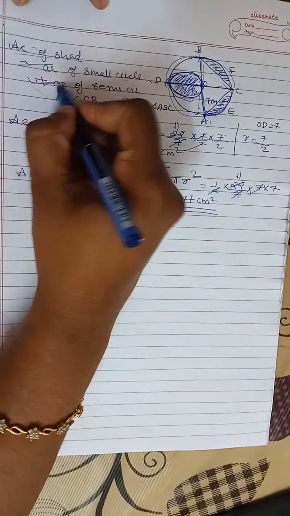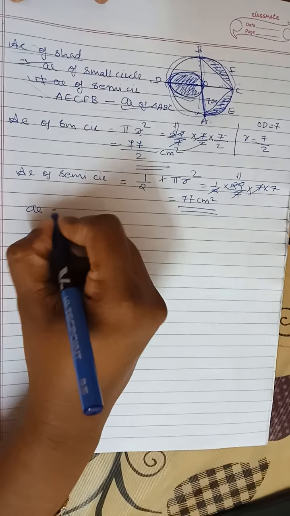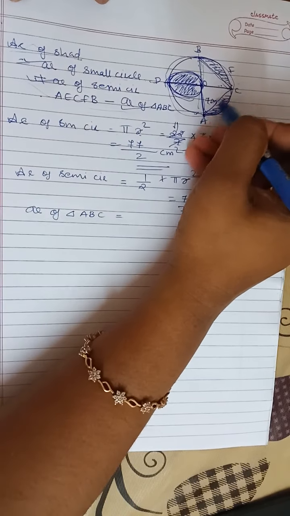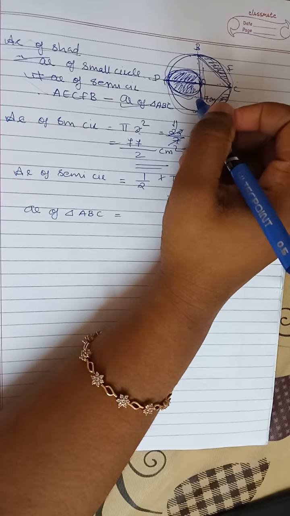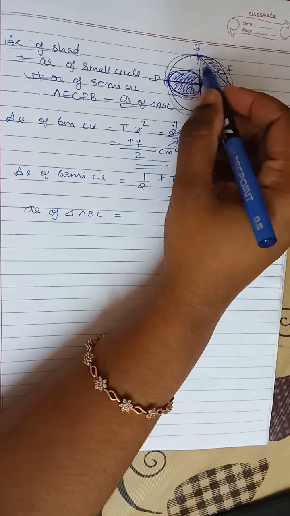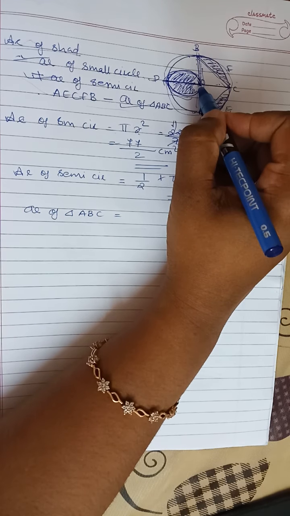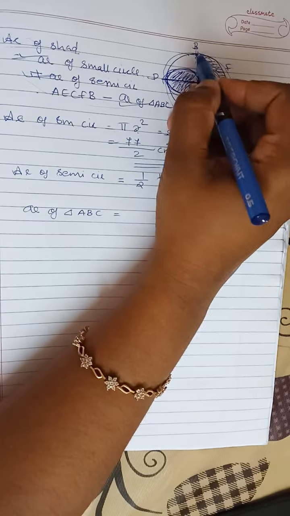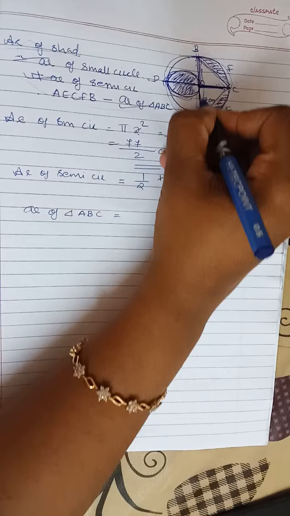So this portion is over. Next we have to calculate the area of the triangle. So I am calculating the area of triangle ABC, which is this. We can apply the equation half into AB into OC. If you are taking this triangle, this is the height of the triangle, and you can take this AB as the base.